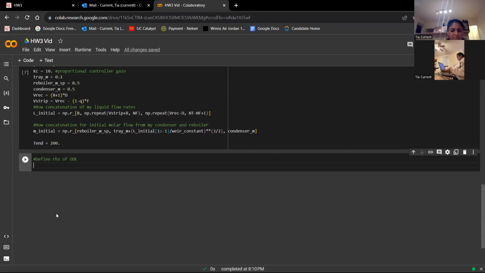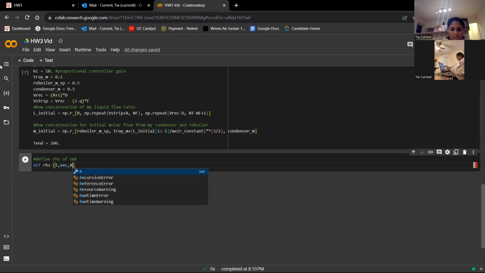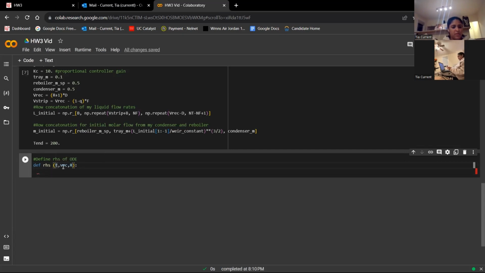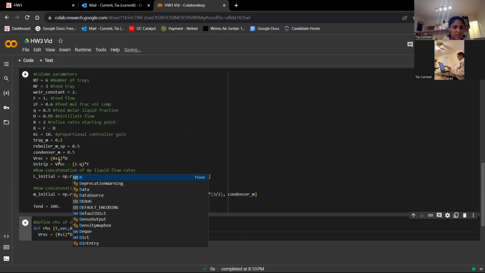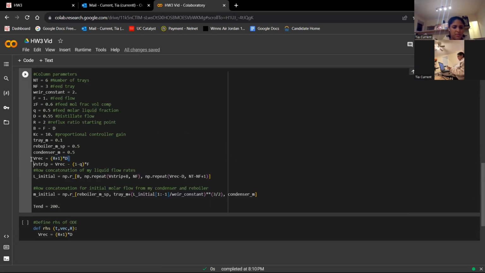Okay, so we're going to define right-hand side T. We have these variables, so T, a vector, and R. R plus 1 times D. So vrec is equal to R plus 1 times D, which we did above.